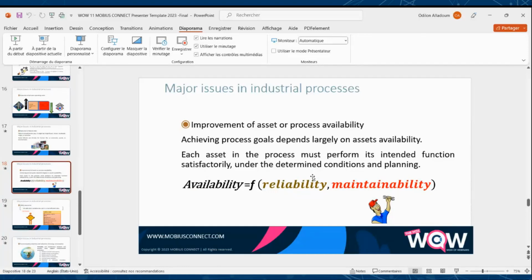The productivity is not a standalone concept. It depends on availability. Good productivity means that we operate with less downtime at the right speed with minimum quality losses and transition time.